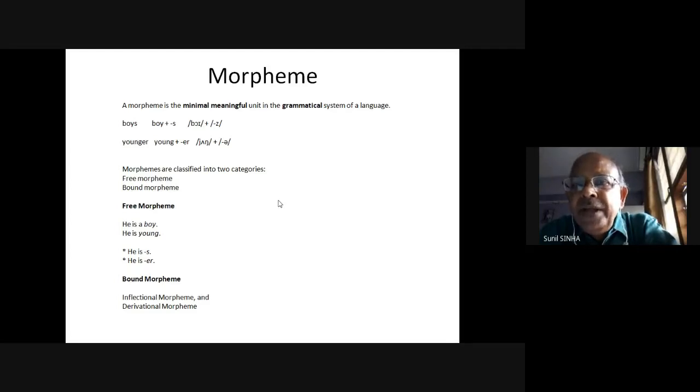Similarly, ER, what is the meaning of ER? It has the meaning of more than. Younger means more than young. My sister is younger than I am, right?